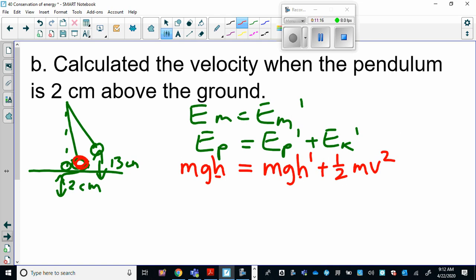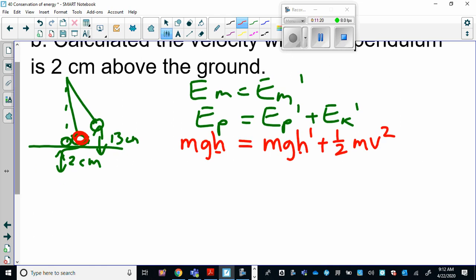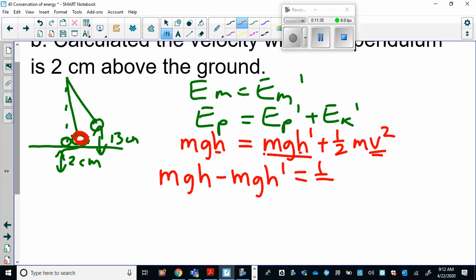But let's manipulate the formula just so we can go through a few basic math things related to this. So what I'm going to have to do is, I'm solving for v, I need to get rid of this mgh over here. So I'm going to move it to the other side of the equation. And just be careful here.